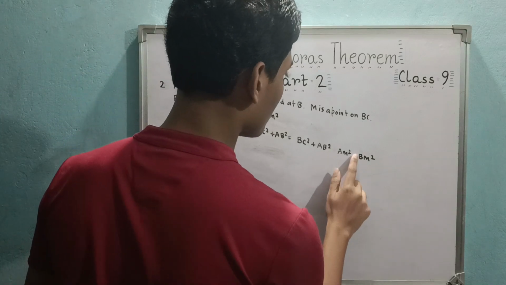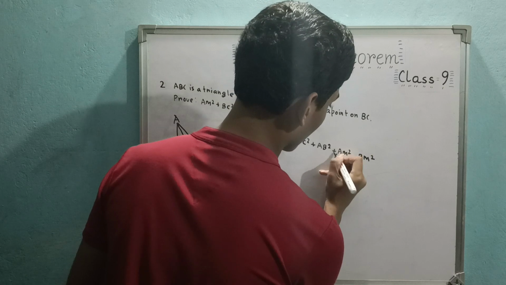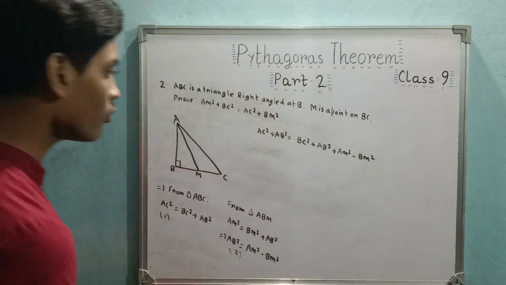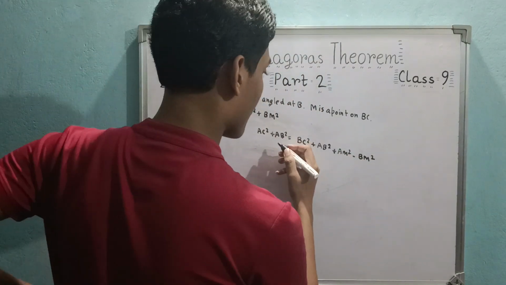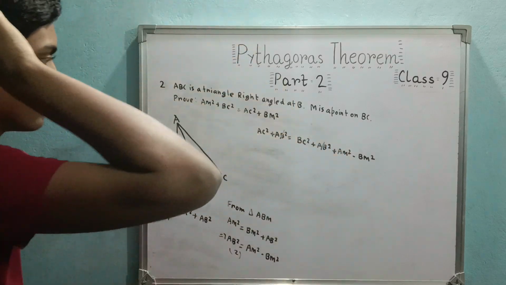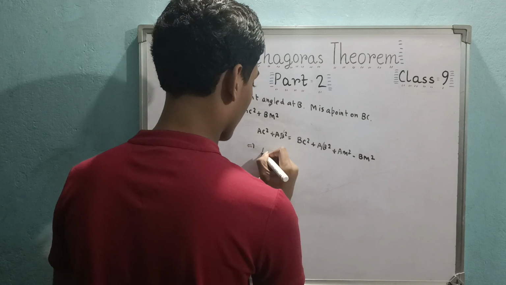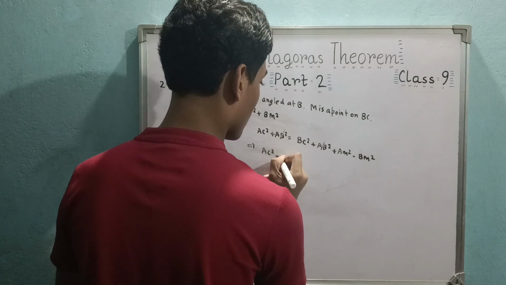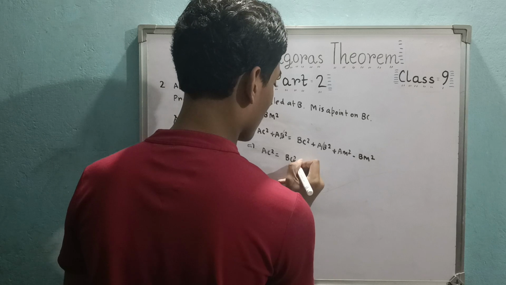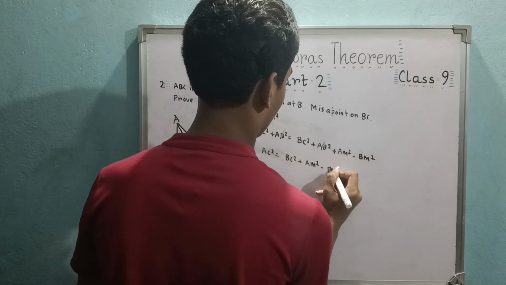Then this will be my plus AM square minus BM square. Then what happens here? See, AB square on both sides gets cancelled out, right? So this becomes AC square equal to BC square plus AM square minus BM square.